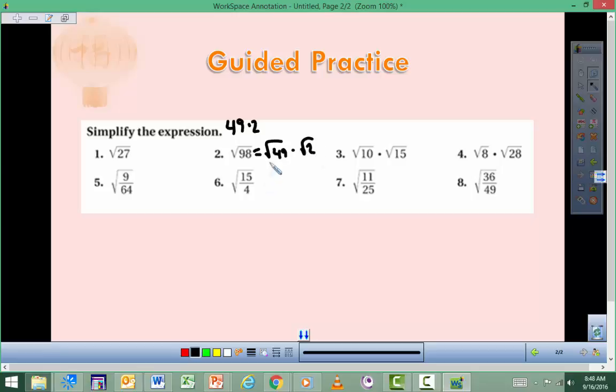And of course I know the square root of 49 is 7, so this becomes 7 square root 2. And anytime you find a perfect square here and you simplify it to a whole number, that's what they mean by simplify.